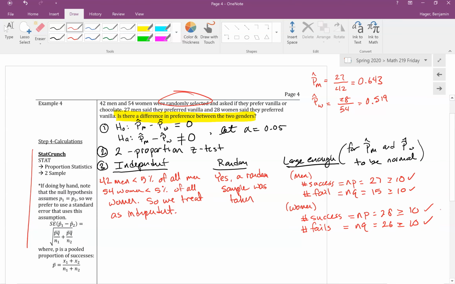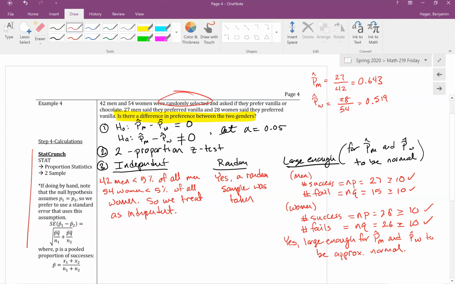Either way, we're bigger than 10. So, yes, large enough for sample proportions for men and women to be normal. Approximately normal.